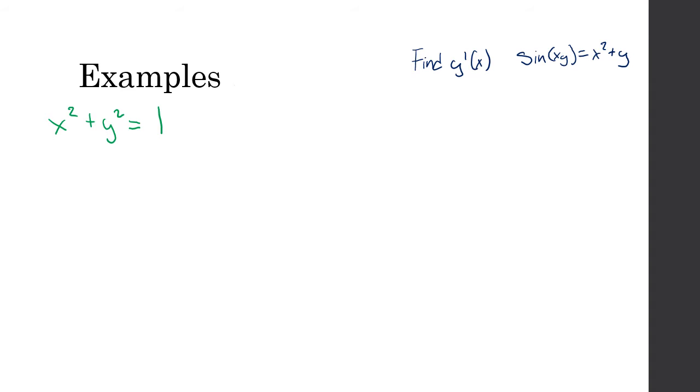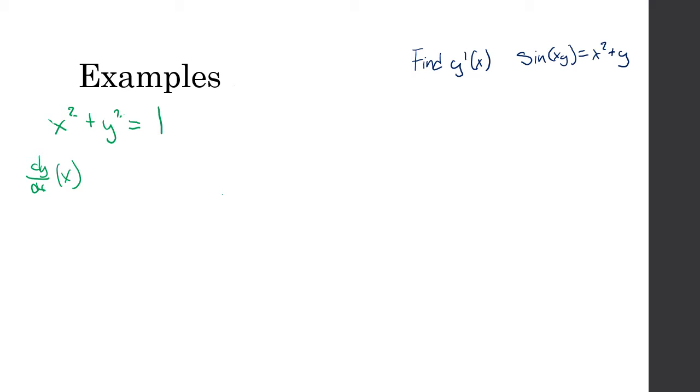So we're going to start off with two fairly simple examples. The first one is x squared plus y squared equals 1, and that's pretty much just our unit circle. The instructions say to find dy dx of this equation. So we do it step by step.